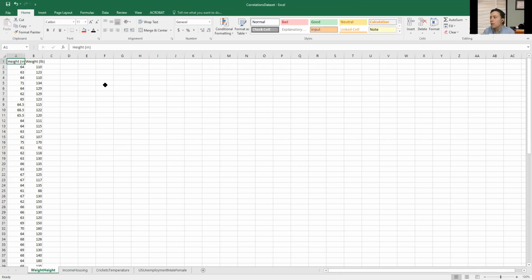Right? So the thing that we need to remember is the formulas for things. So we know that R is going to be given by SXY divided by SX times SY.